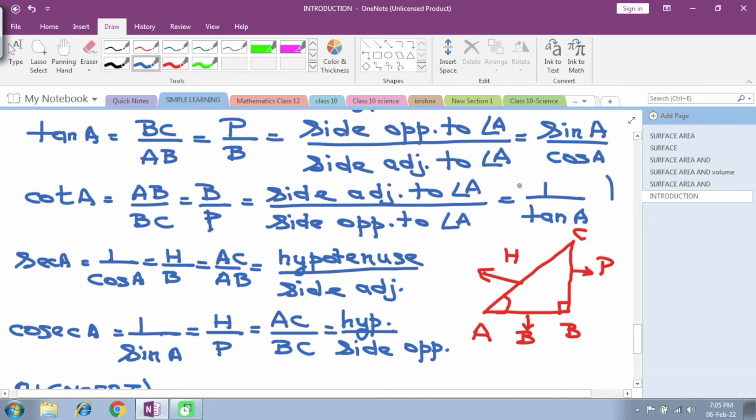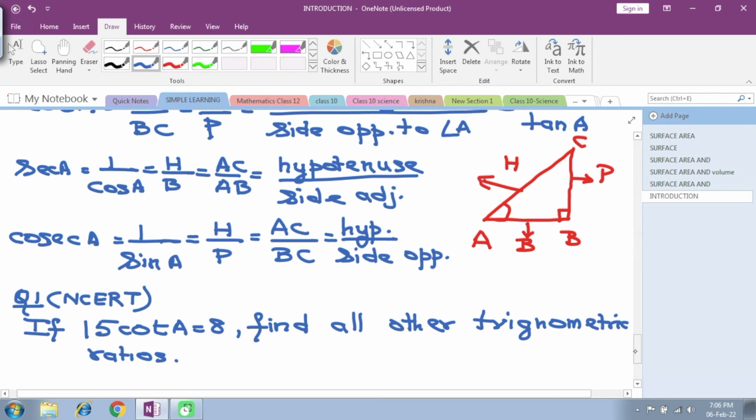Cot A is AB by BC, which is base by perpendicular or side adjacent to angle A divided by side opposite to angle A. Secant A, sec A, is the reciprocal of cos A, which is hypotenuse divided by base, or AC by AB, which is hypotenuse divided by side adjacent to the angle A. Now cosec A. Cosec A is 1 by sin A, or hypotenuse by perpendicular, which is AC by BC, or hypotenuse divided by side opposite to angle A.